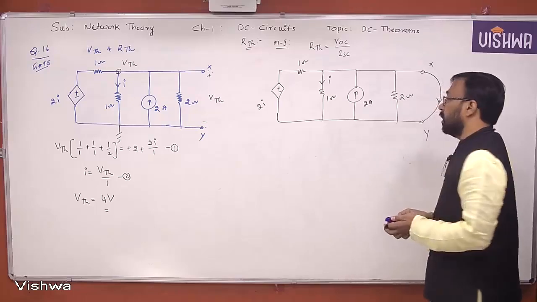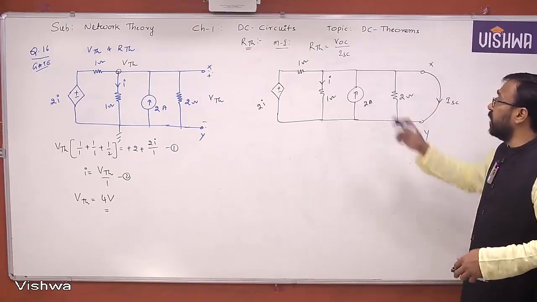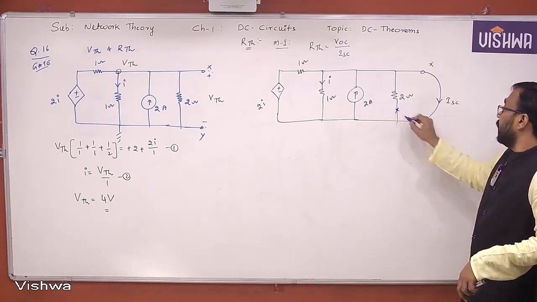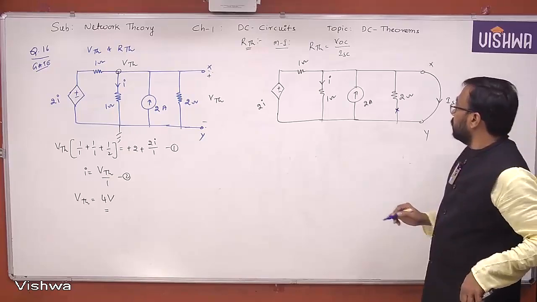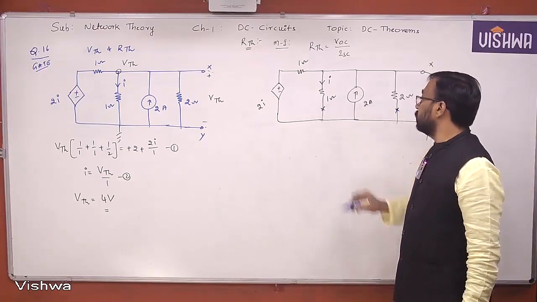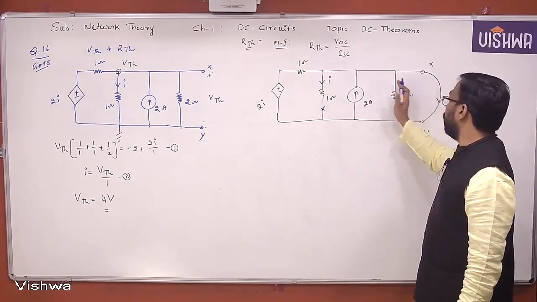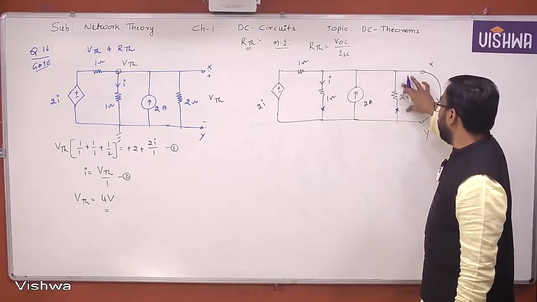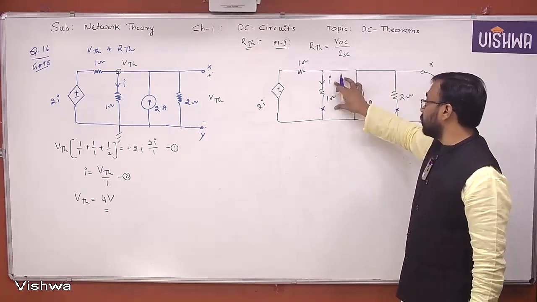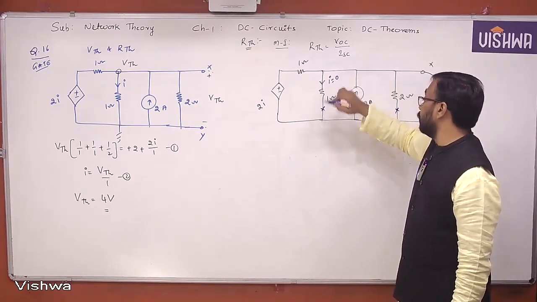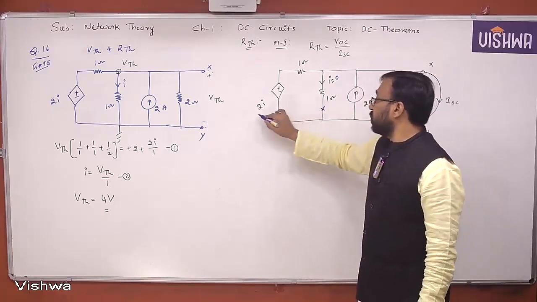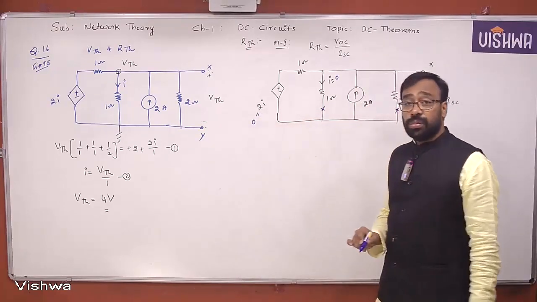If you want to find ISC according to the first method, this is gone completely. Reason: shorted. All are connected in parallel. The voltage across this 2 ohm is 0. Therefore, current will also become 0. If current is 0, 2I will also become 0.